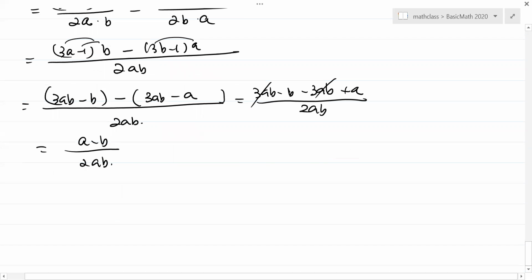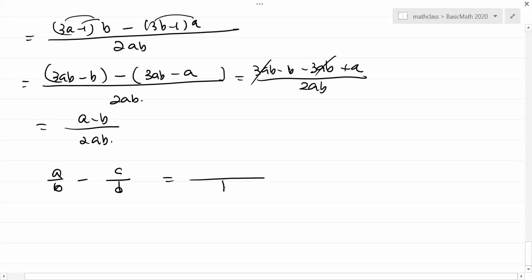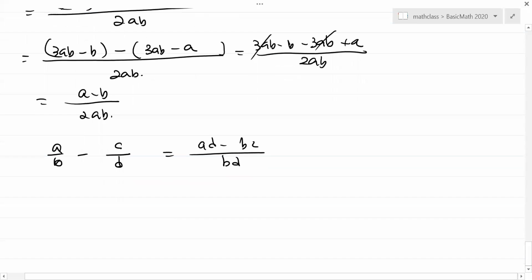So let me repeat again, right? If a over b minus c over d, we were told that you can use this formula to combine them. But how do you get this formula? Because we make them have a common denominator. Here is b and d and b and c.